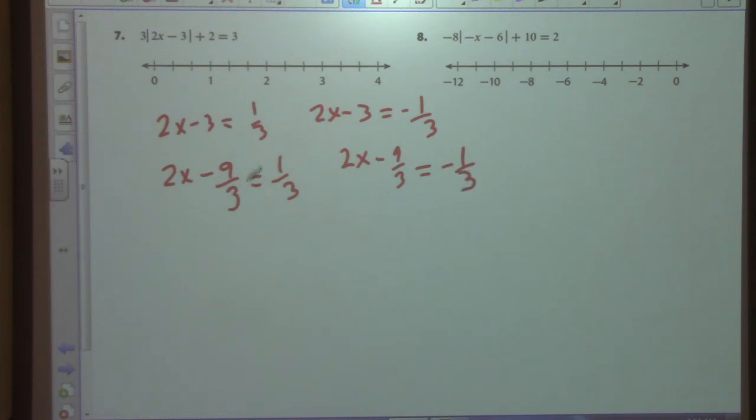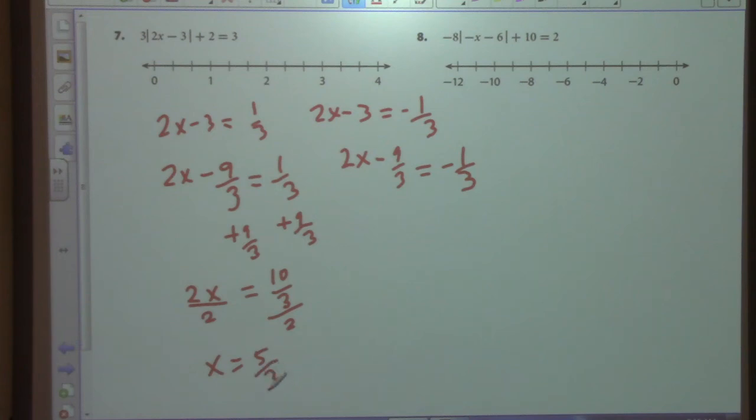And then we add 9/3 to both sides. We're going to get 2x equals, what is that going to be, 10/3? And then if we divide by 2, we get x is equal to 5/3, right?